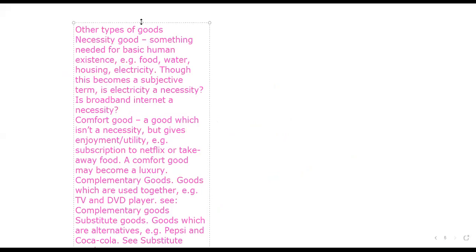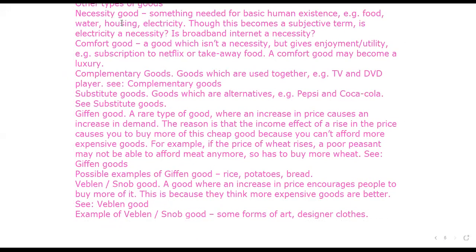So let's look at these ones here. We have the types of goods showing above. Necessities are something needed for basic existence, like food, water, housing, electricity.